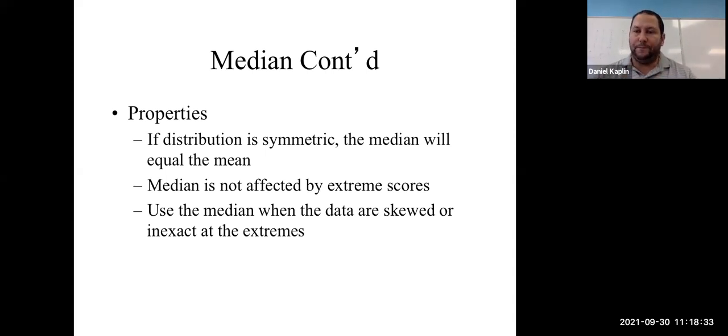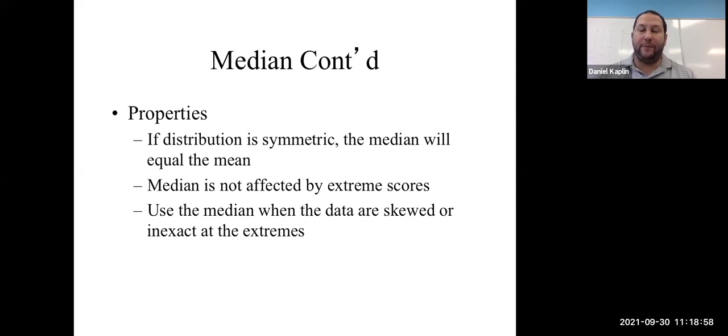In general, if you have a symmetrical distribution, the mean, median, and mode should be equal. I talked to you, though, that it's possible to have a skewed distribution. Remember, the average, the mean, is shifted as a function of extreme scores, right?